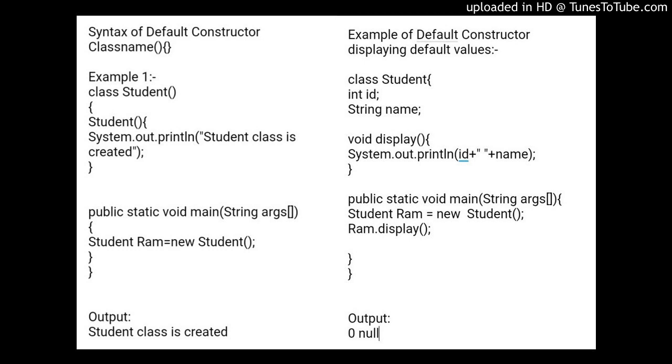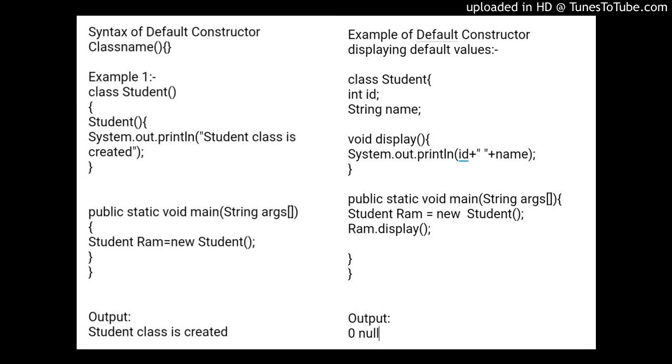Suppose we create a method named display within the class student, void display, without any input parameters, and we write System.out.println, bracket start, id, append operator, double quotes with a space between them, then append operator, then name, bracket end, semicolon.